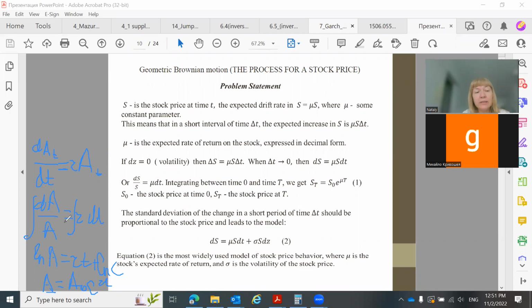So yes, it is about motion on investments, and if we have interest rate R.